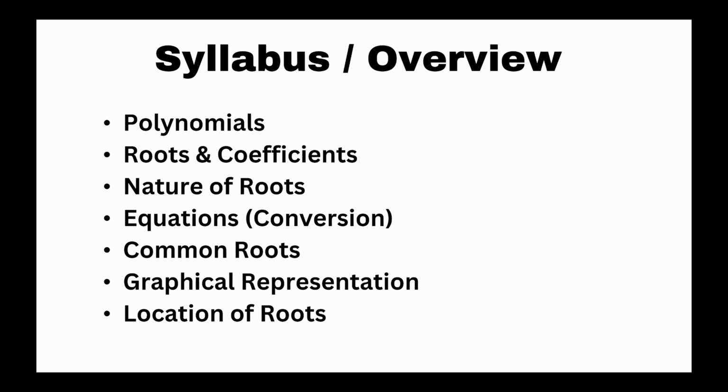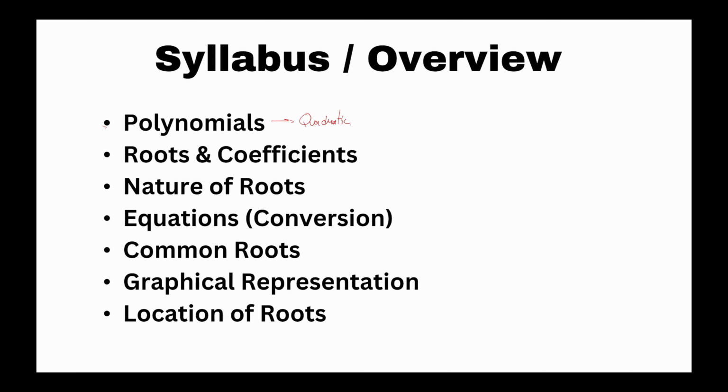First, we will be looking at a brief of what polynomials are, their remainder theorem, their factor theorems. After that, we'll look into what quadratic equations are. From polynomials, we will start deriving what our quadratic equations are. And then we will look into the roots and coefficients, nature of roots, equations, how we can convert our equations into quadratic equations.